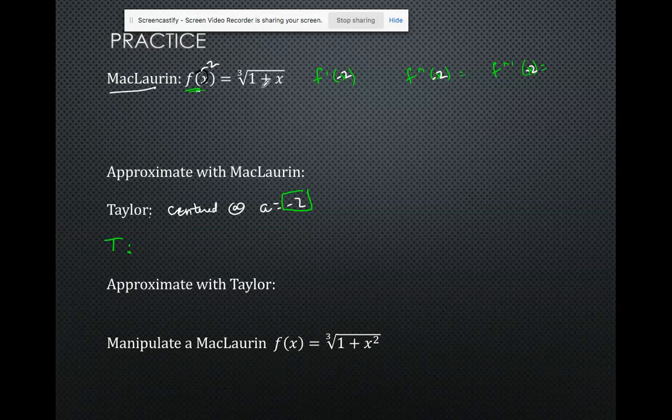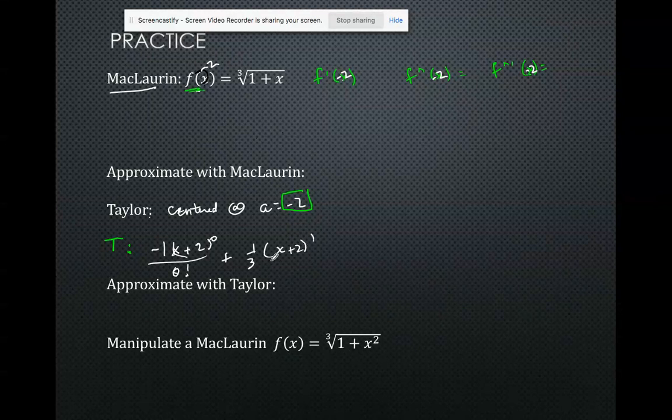So I plugged -2 into here, and again, I got the cube root of -1, which is -1, technically times x minus -2 to the 0 over 0 factorial. Then I plugged in -2 to the first derivative, and I got positive 1/3 x minus -2 to the first over 1 factorial.